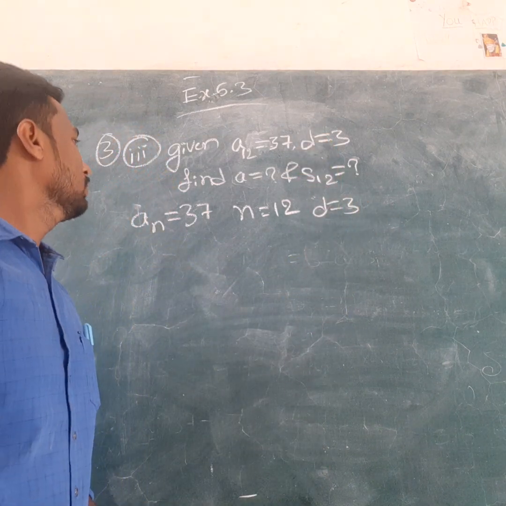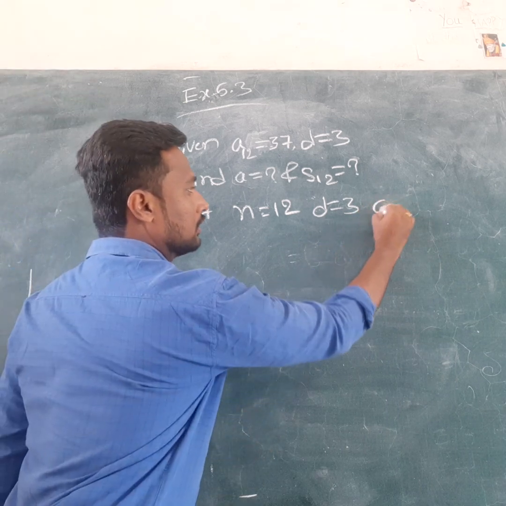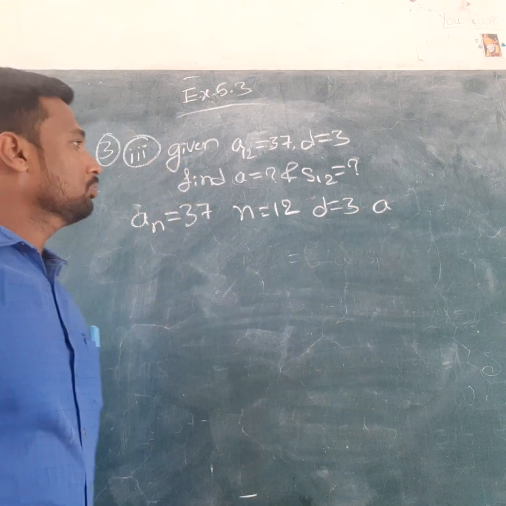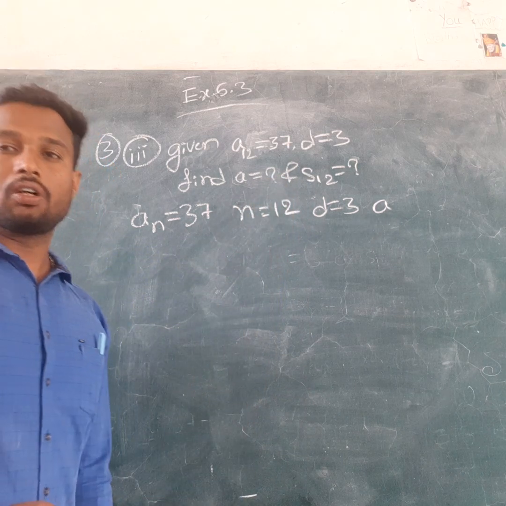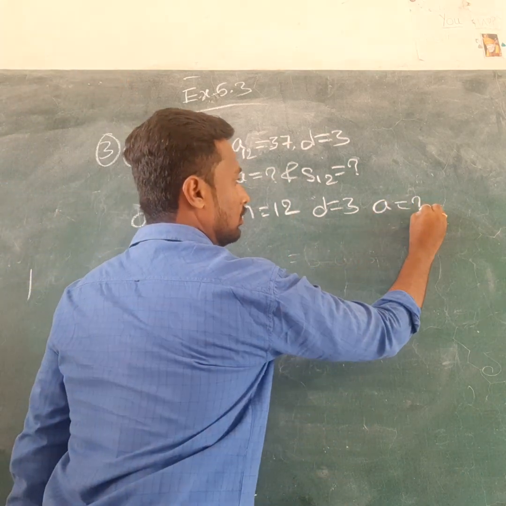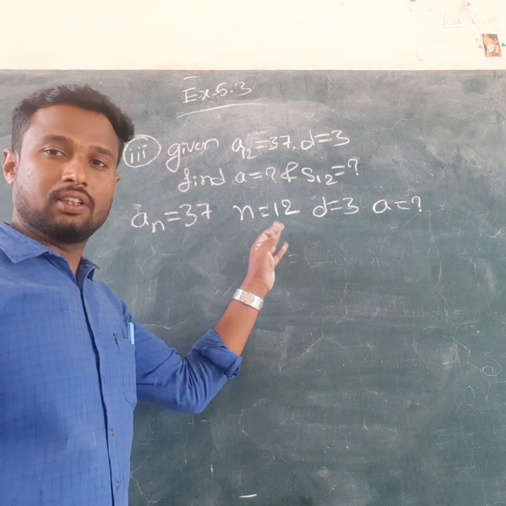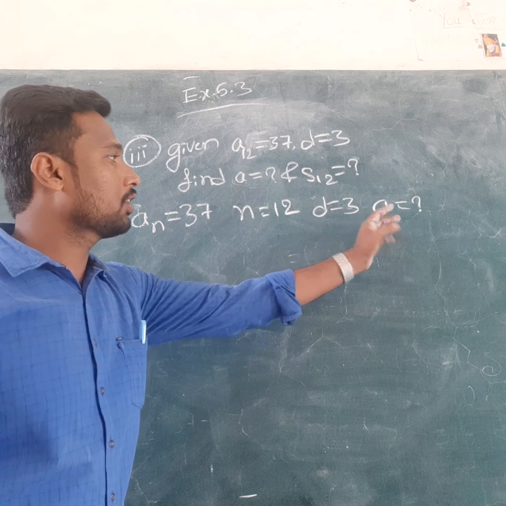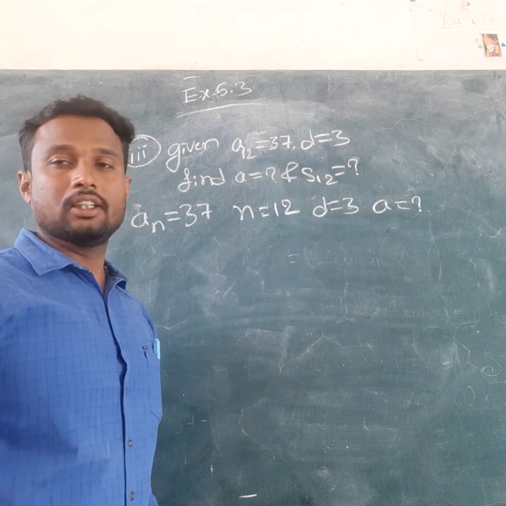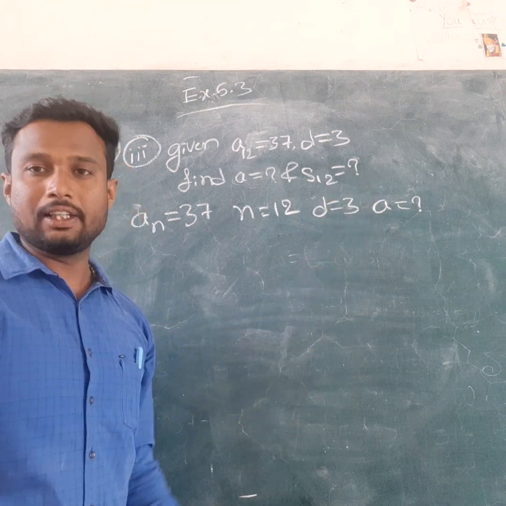D is equal to 3, and here we have to find out first a value. Before calculating the sum of 12 terms, we have to find out a value. So now we know value of An, n and d, and we have to calculate value of a. What formula can we use to calculate a value?